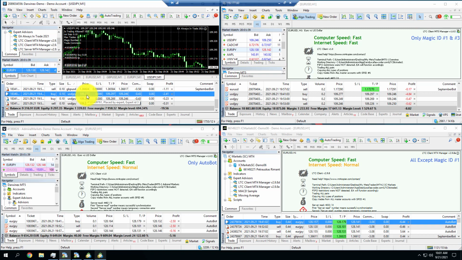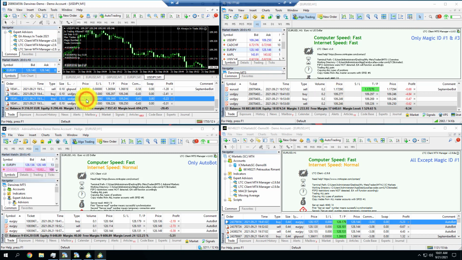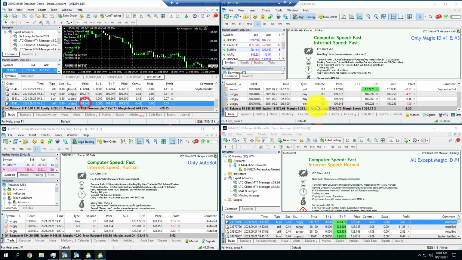Or not, 277, entry 277, that's okay, the same. Oh no, the price is the same. The price is identical. Entry price, it ends in 249, 249, 246, 246. As you can see, the price is identical because everything else is identical.